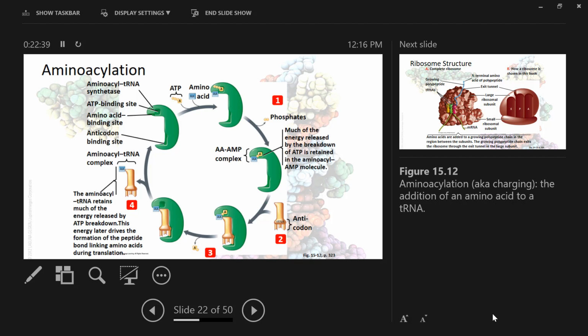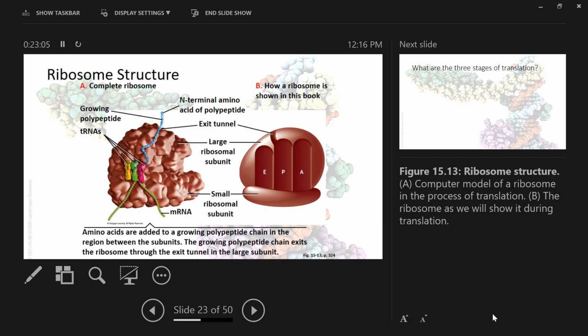It's just charging the tRNA with an amino acid, so that this tRNA can take that amino acid and attach it to a growing polypeptide. Unless, of course, this amino acid is methionine, and this is the start codon, and then it's not attaching this amino acid to a growing polypeptide. It's starting the polypeptide, right? We'll get to that in the very next question.